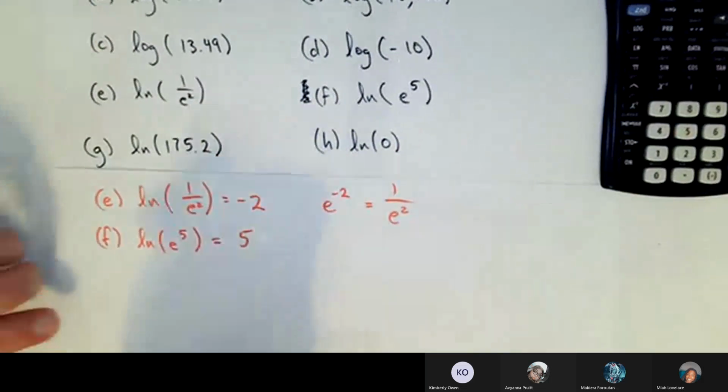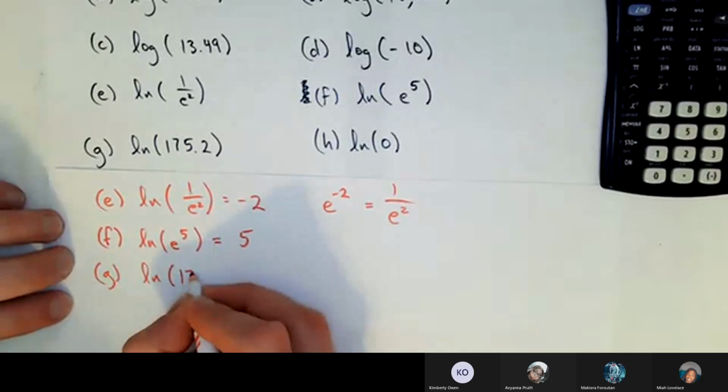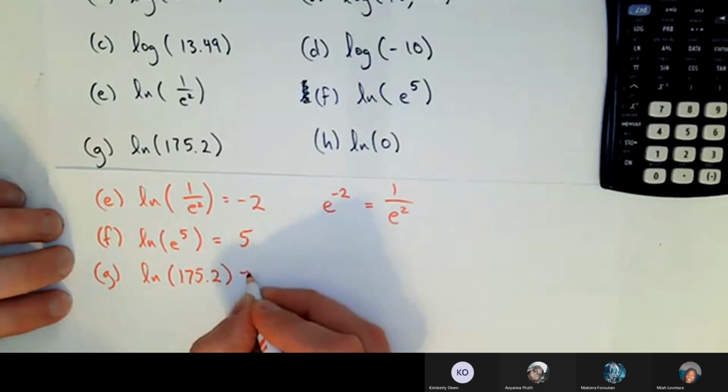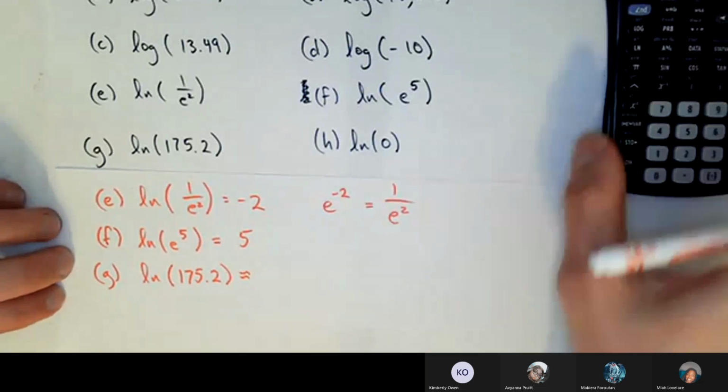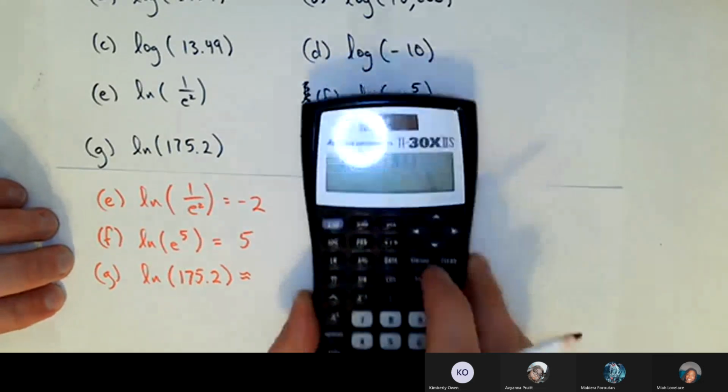G and H now. This one I definitely need the calculator for, because this is not going to be a power of e. This is not like e squared, e cubed, 1 over e squared, anything like that. It's just some crazy number.